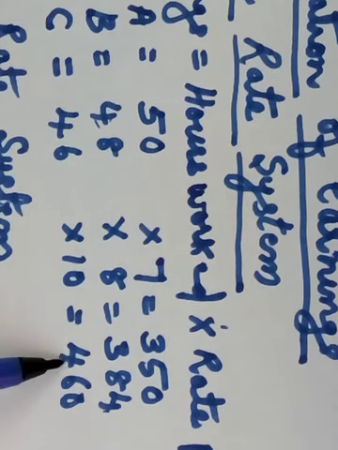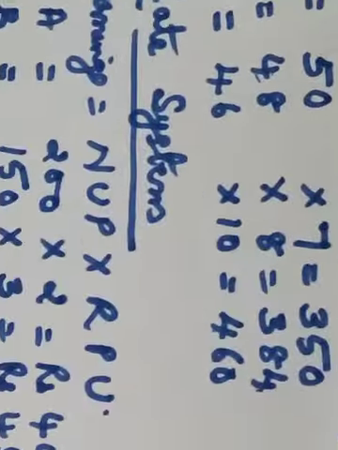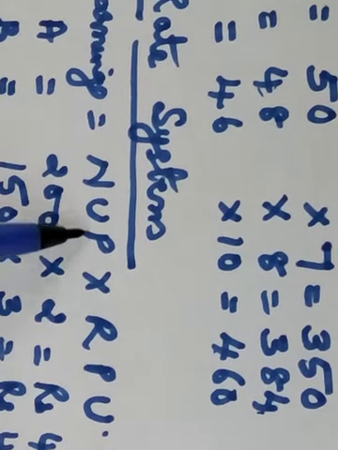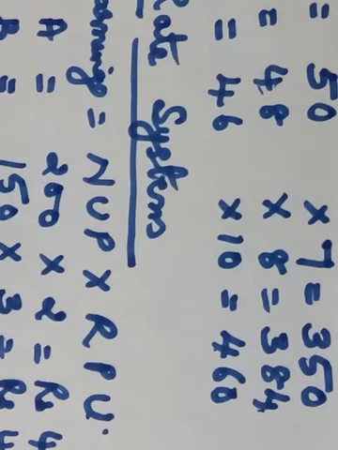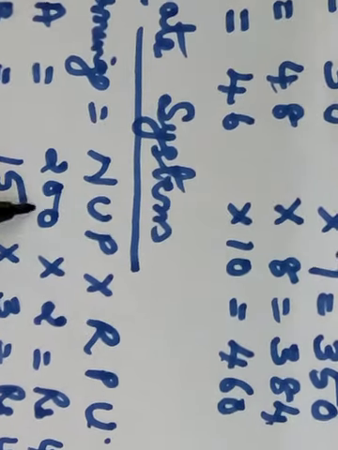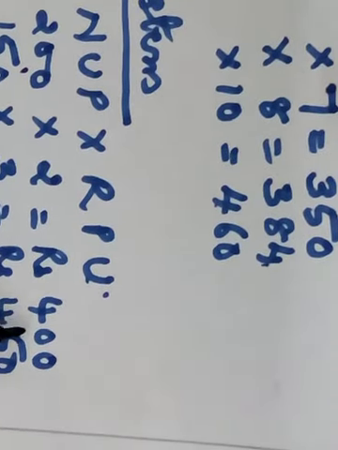In case of worker C, hours worked by worker C is 46 hours into rate 10 rupees and the earnings comes to rupees 460. Under the second method, piece rate system, the formula is number of units produced into rate per unit. Here number of units produced by A is 200 units and the rate per unit is 2 rupees, earnings comes to rupees 400.